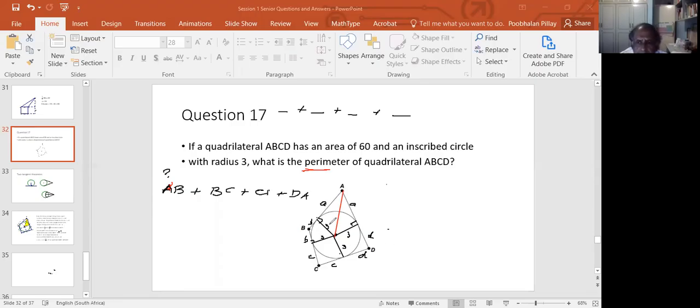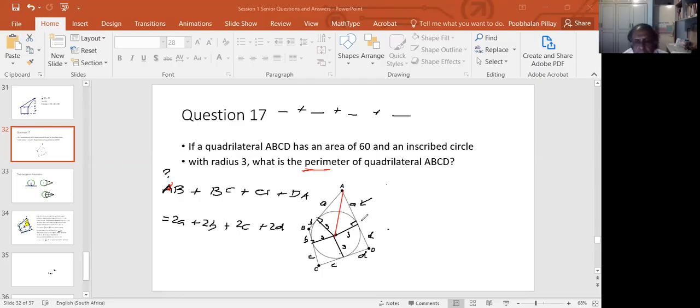So now, bearing that in mind, if you name them like that, then we can see what the perimeter is. The perimeter is going to be, let's start from here, a plus a, this is a starting point, plus b plus b, plus c plus c, plus d plus d.